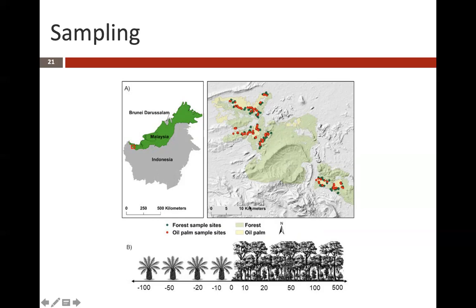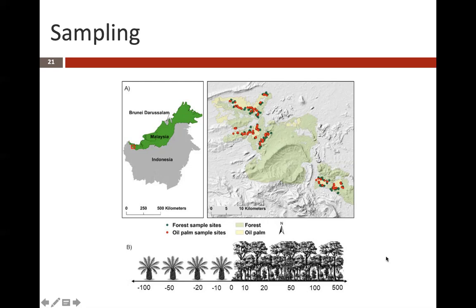So we digitized oil palm plantations and forest areas in the study area here in southwestern Sarawak. And then we had buffer distances at 10, 20, 50, 100, and 500 meters into these different environments. And then again, we dropped the points randomly, and then we went out to sample.